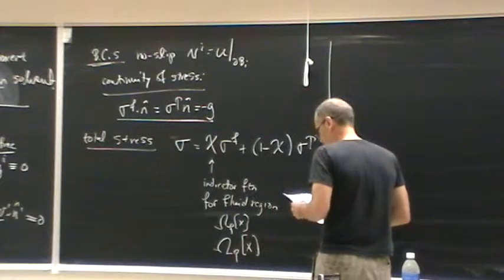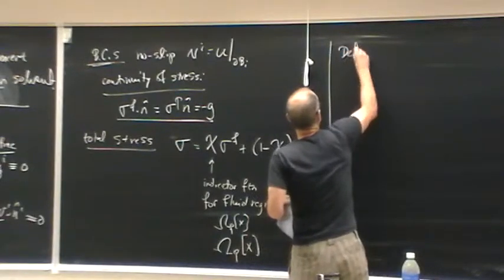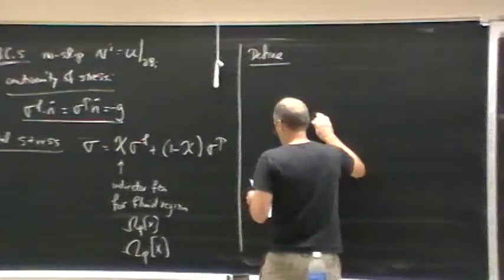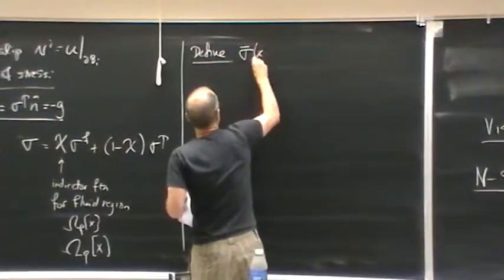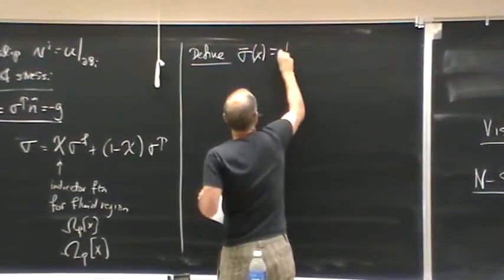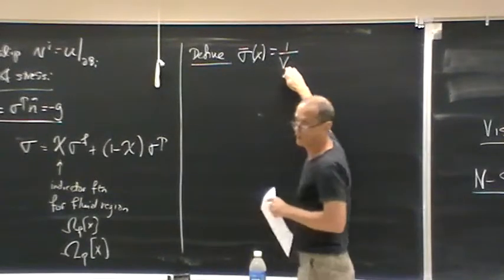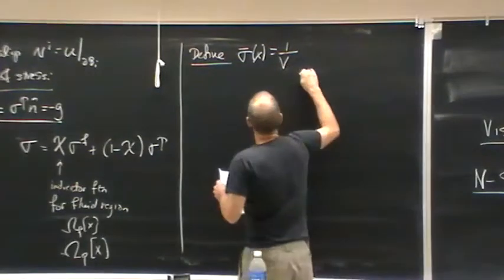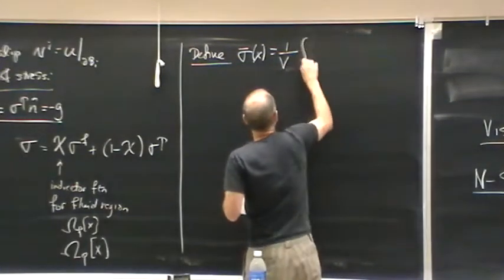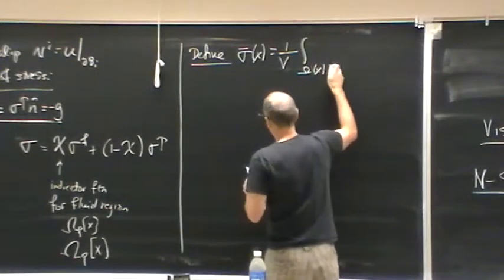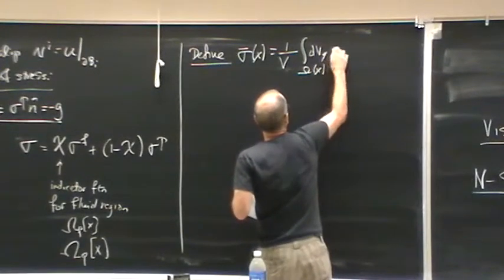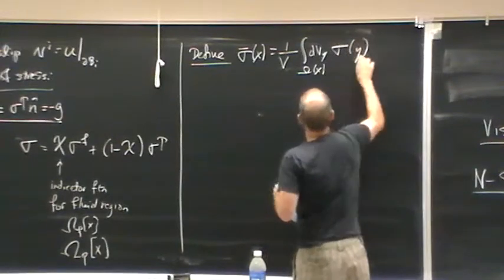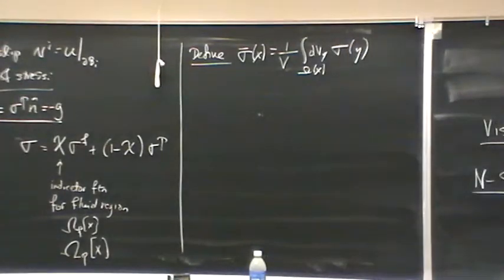Okay, so let's define sigma bar of X to be 1 over the volume of omega of X, so the total volume, integral over omega of X, dVy sigma of Y. So that's just a sum of a couple of integrals using the indicator function over these respective domains, using either the fluid or the particle stress.